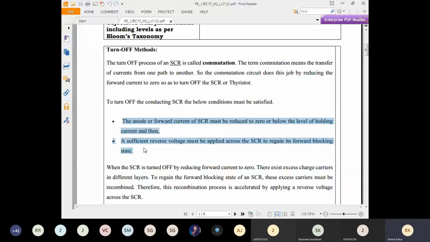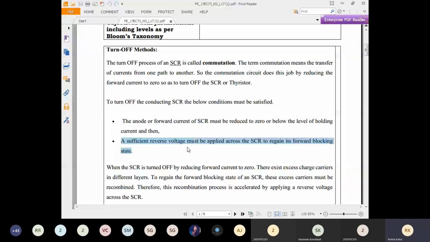This is the first condition. The second condition is that a sufficient reverse voltage must be applied across the SCR to regain its forward blocking state. Forward blocking state is when the anode cathode voltage is applied with positive and negative supply voltage, so that the device is in the forward blocking mode. After that, when we apply the gate signal, the device will conduct.